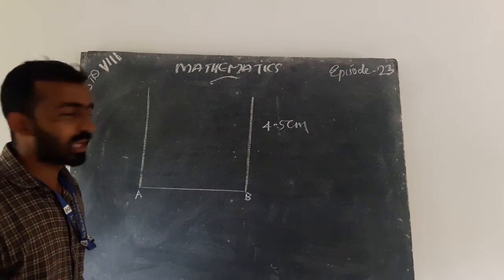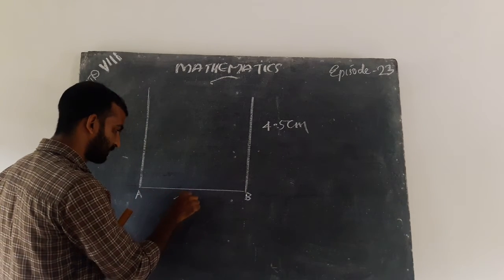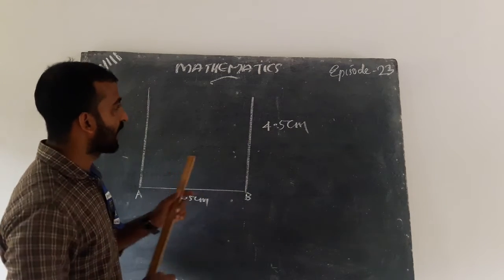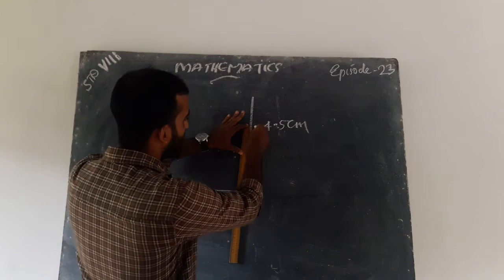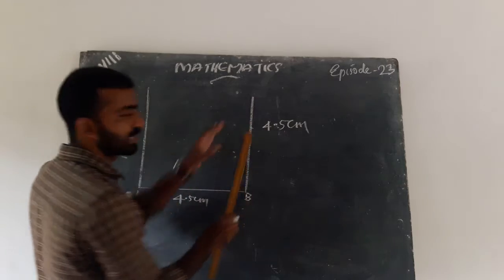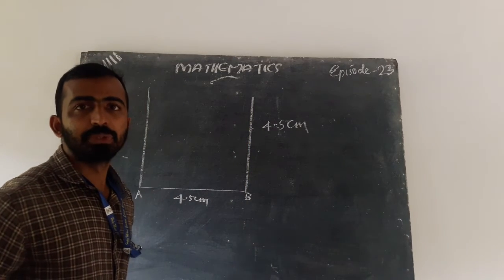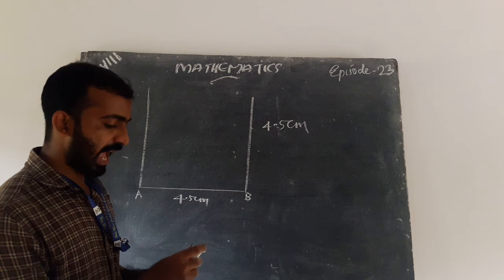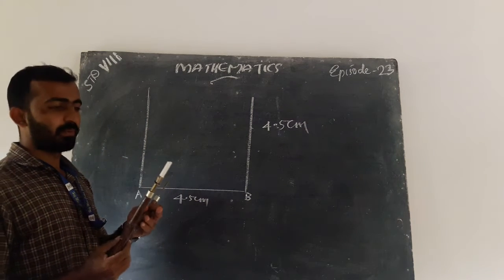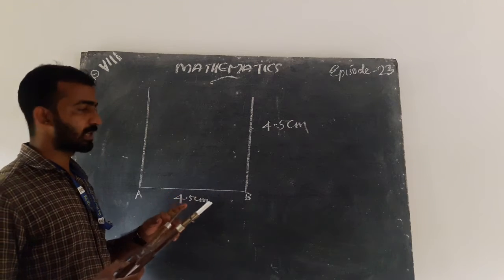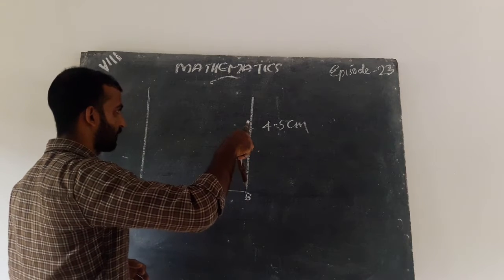Then we measure 4.5 centimeter. This is 4.5 centimeter. We can measure with the help of a scale, or otherwise you take your compass, set it to 4.5 centimeter and make an arc.